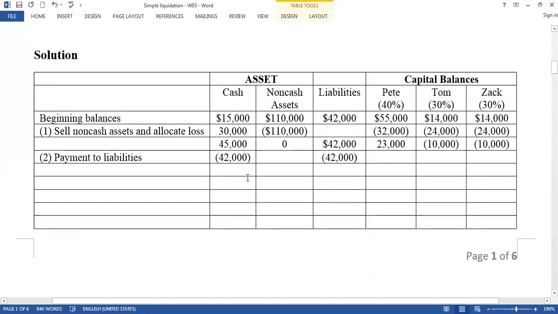Now, what is the balance at this moment? After doing every transaction, we have to calculate a new balance. So what is the cash balance now? $3,000. Cash balance is $3,000. We already closed non-cash asset. Now we closed our liabilities.